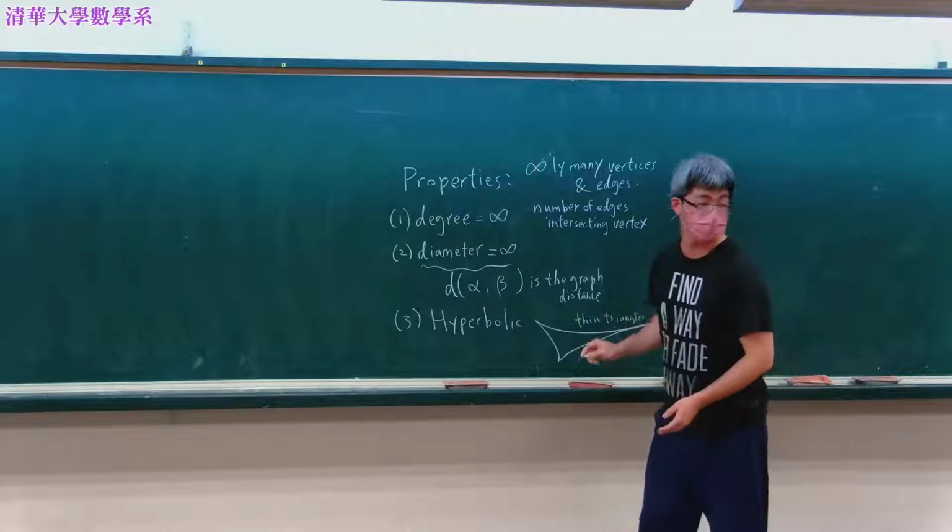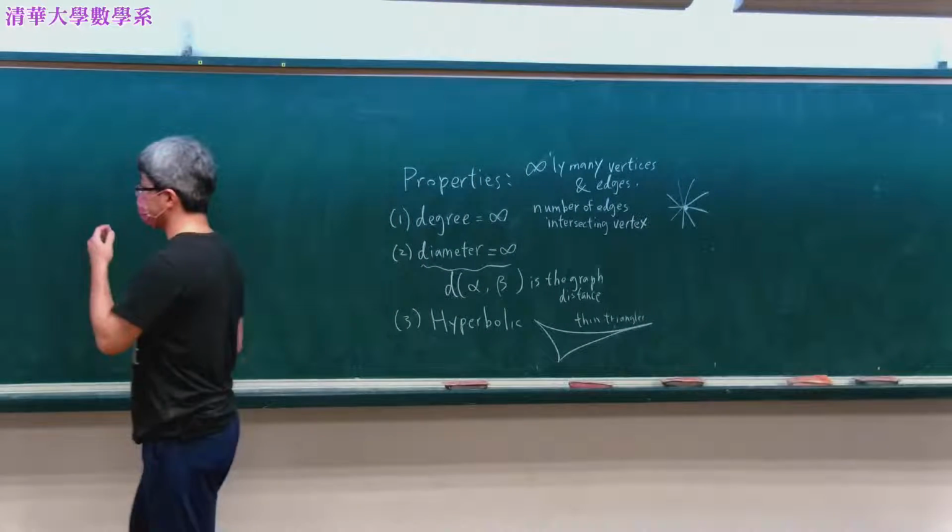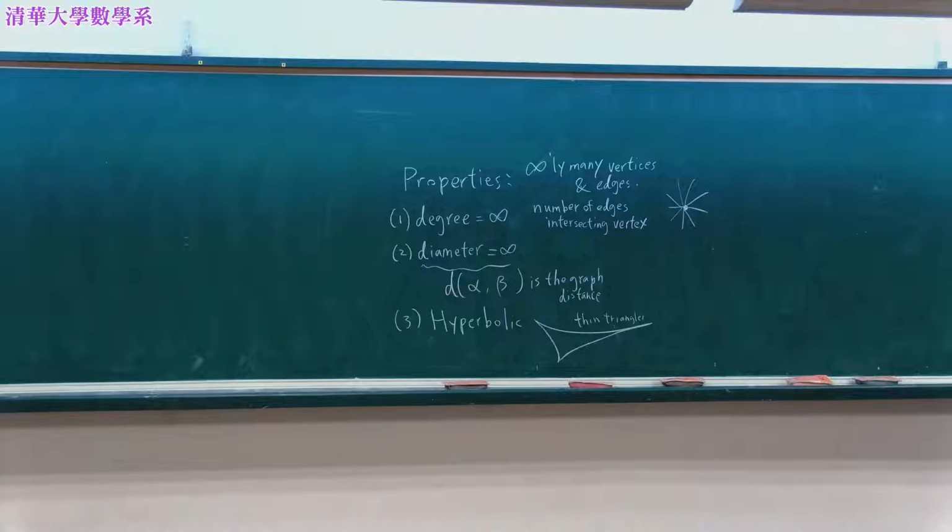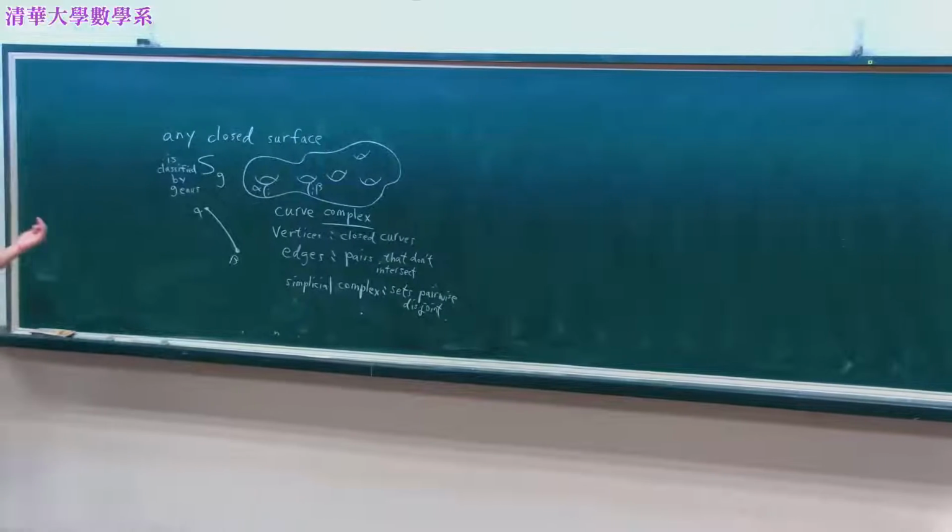But that won't be the topic for today. Instead, we're going to move on to the topic for today. Right, so the curve complex: intuitive, easy to see, easy to define.